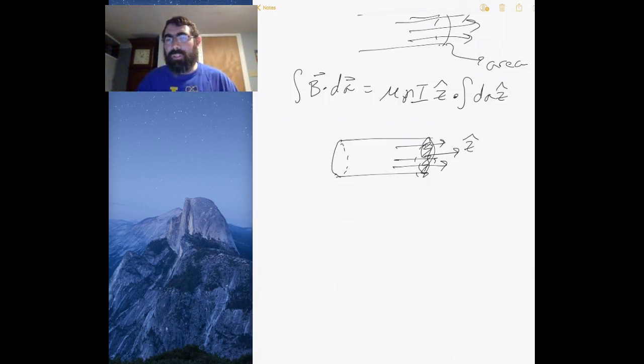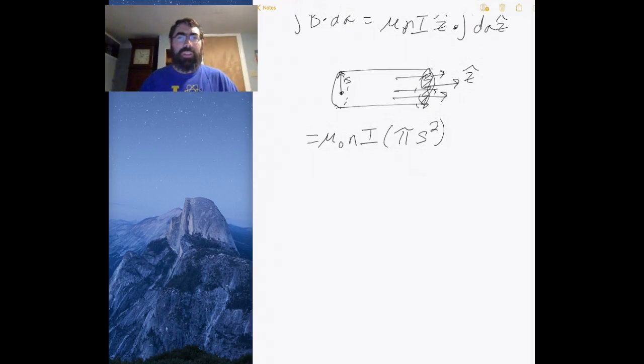And since it's a uniform magnetic field, I can take it out in front of the integral, and what I'm left with is basically the area. So our flux is mu 0 N i, times the area, which is pi s squared. s is going to be the radius of the end of the solenoid. So that's our flux.